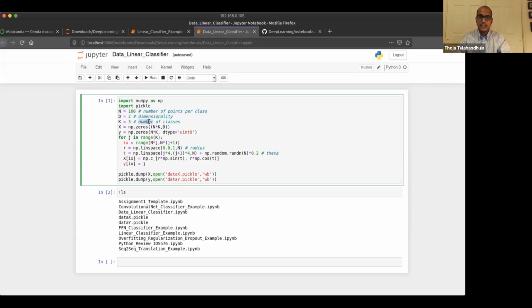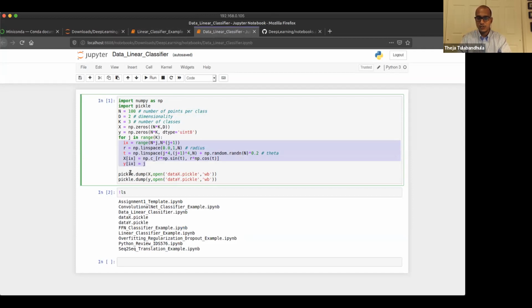Okay, and you saw the picture earlier of what the data set looks like, but basically this is how you generate a data set. This particular code doesn't matter. You can always use a random number generator to also do it, but here we are using a specific deterministic way of generating those data points.